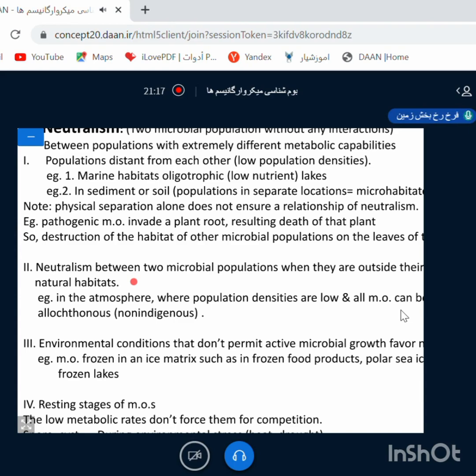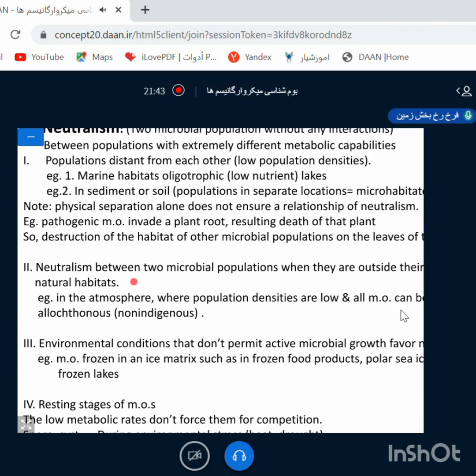The second habitat is water: water of oceans, of gulfs, water of lakes, water of rivers, and the third habitat is air.